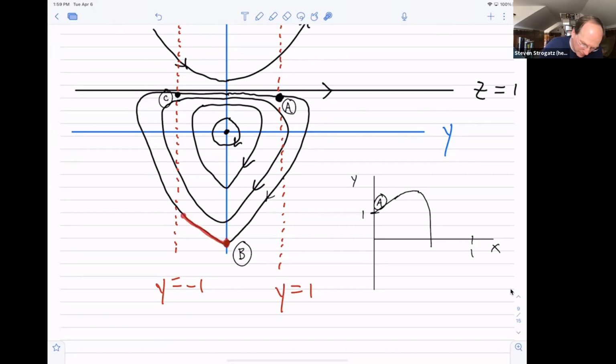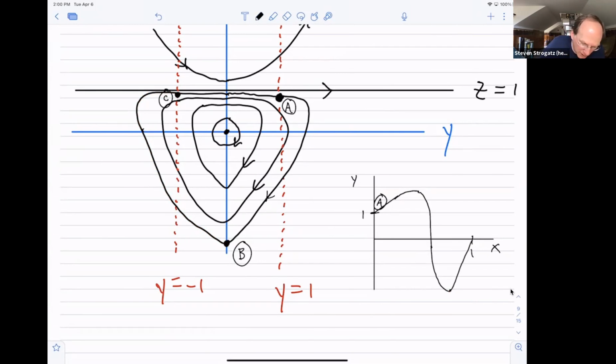It's still negative, but it's becoming less and less negative until it becomes 0. And then it becomes positive when I go through here until I hit this point at C. So my slope has now become positive and starting to do this.